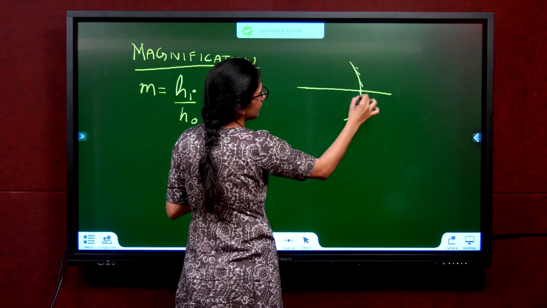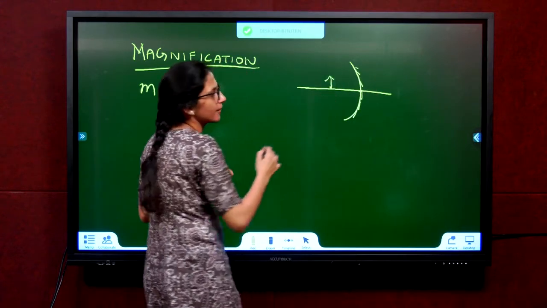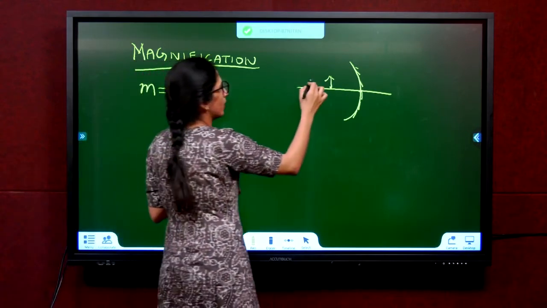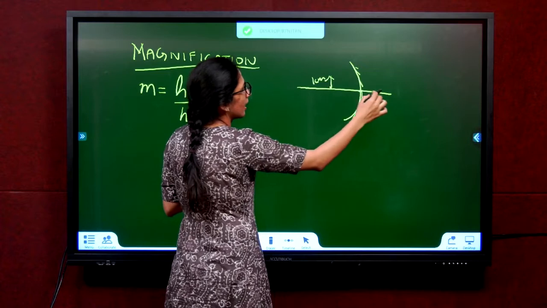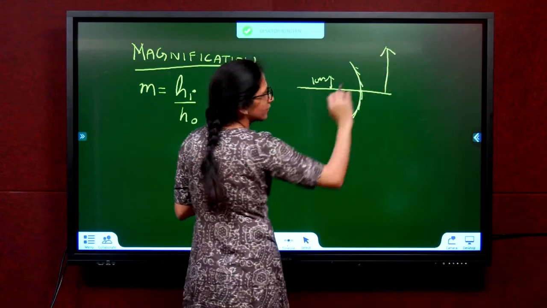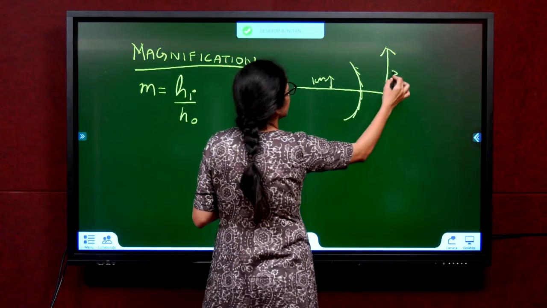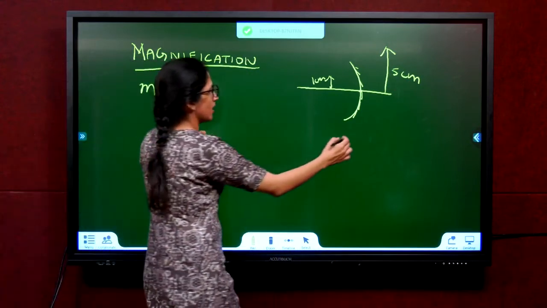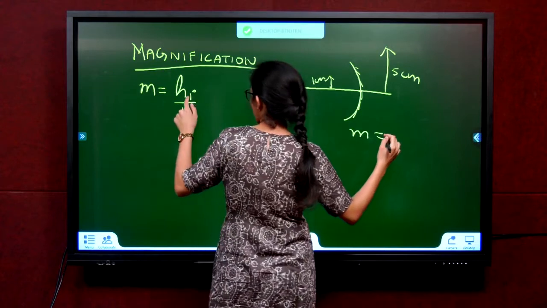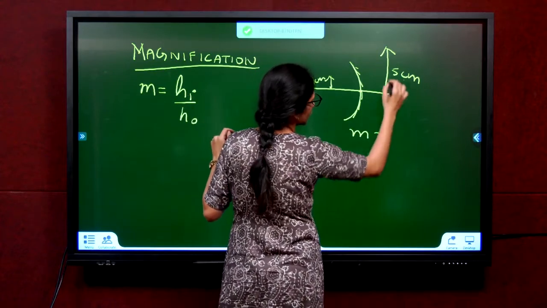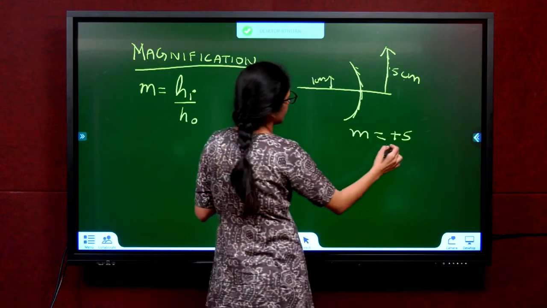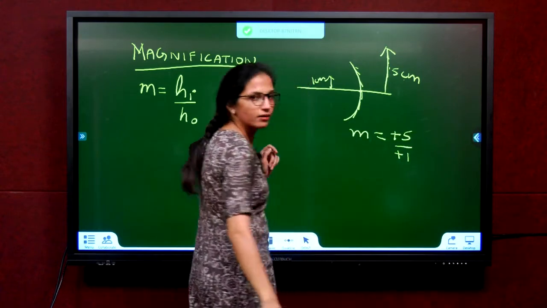If this is a mirror and this is my height of the object, let's say it's 1, and let's say an enlarged image is formed, virtual and erect, let's say it's 5 centimeters. So what will happen to the ratio? M is equal to Hi, this is the image, dotted, plus 5, divided by plus 1, agreed?